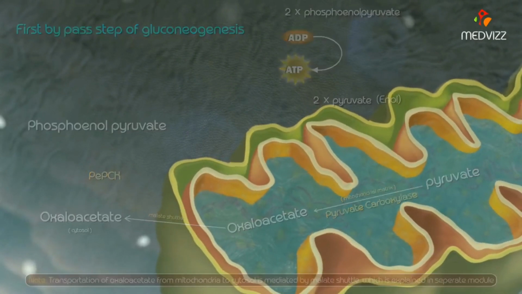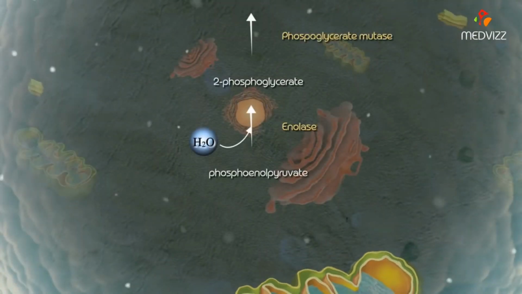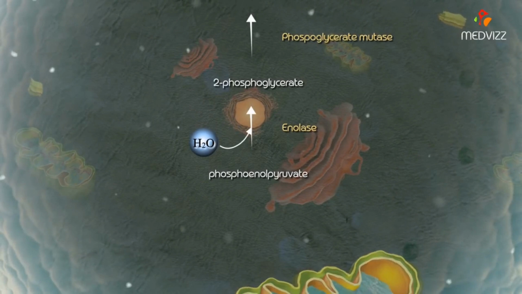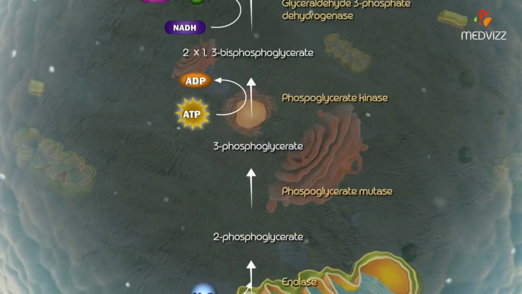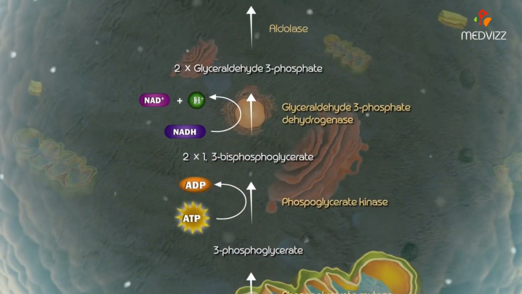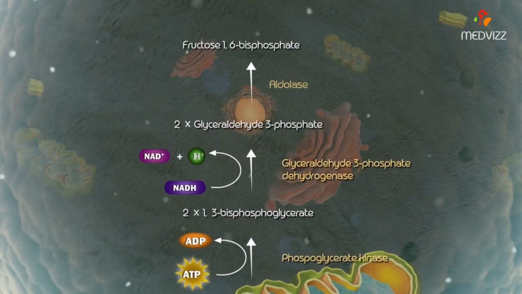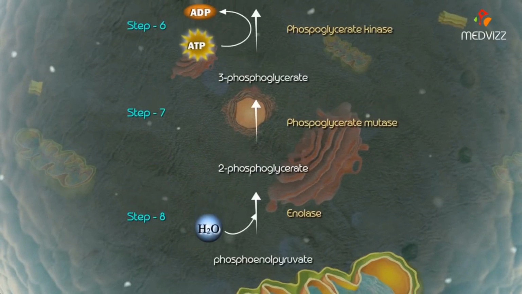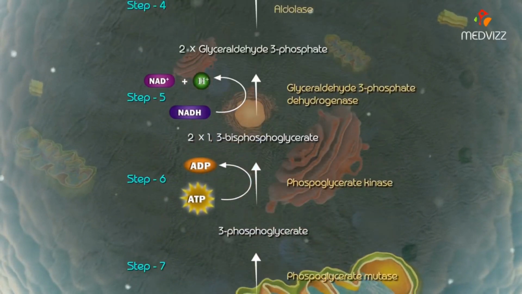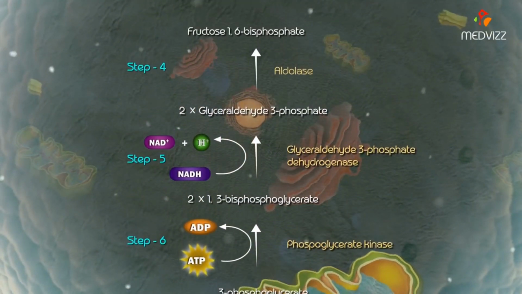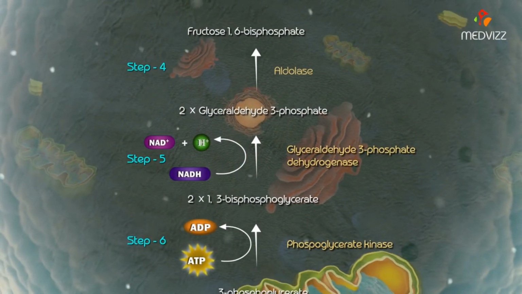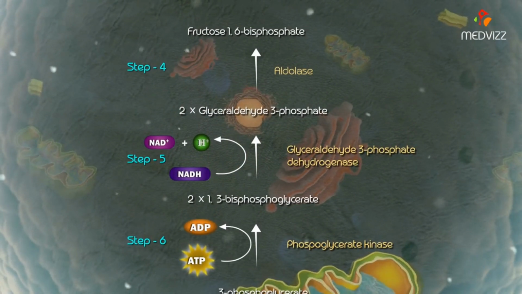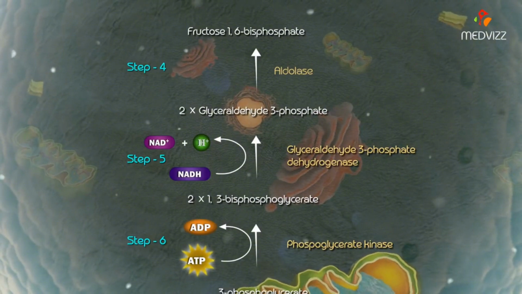So in the partial reversal of glycolysis, the phosphoenolpyruvate undergoes further reactions catalyzed by the glycolytic enzymes, finally forming fructose 1,6-bisphosphate. The glycolysis steps 8, 7, 6, 5, 4 are very easy because all these reactions are freely reversible in nature, until we stop at another junction, that is fructose 1,6-bisphosphate.